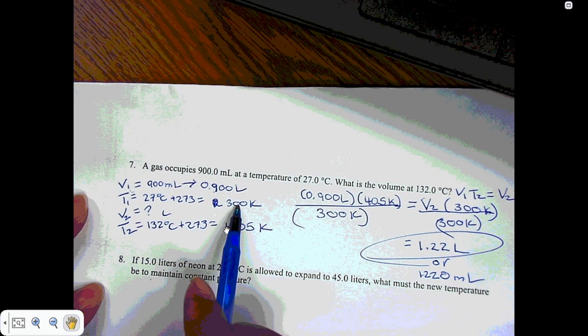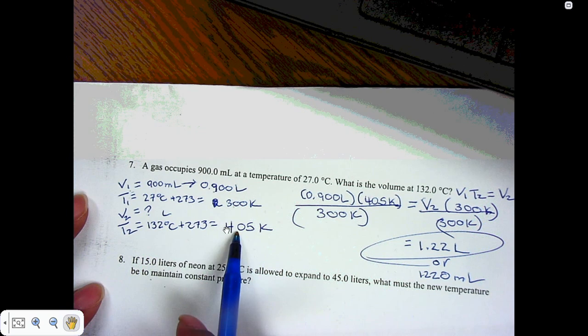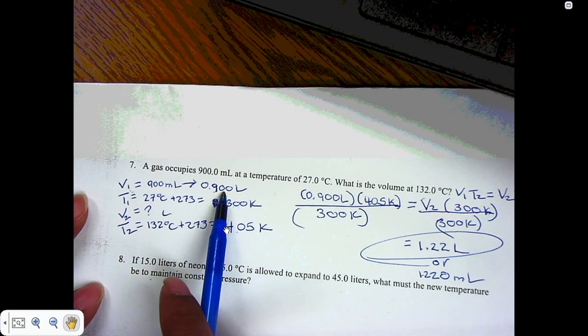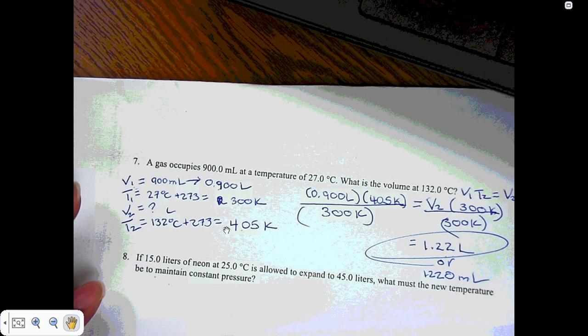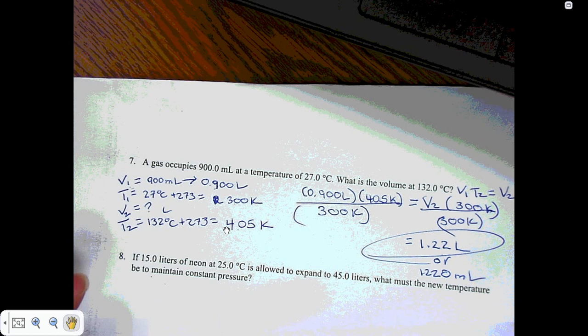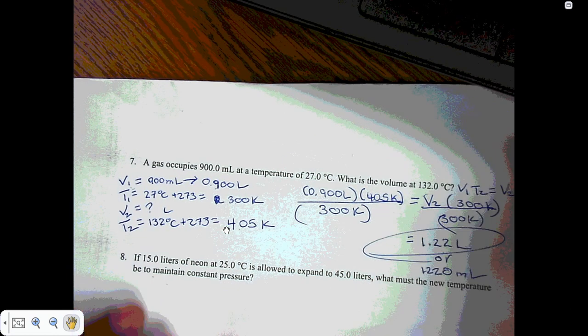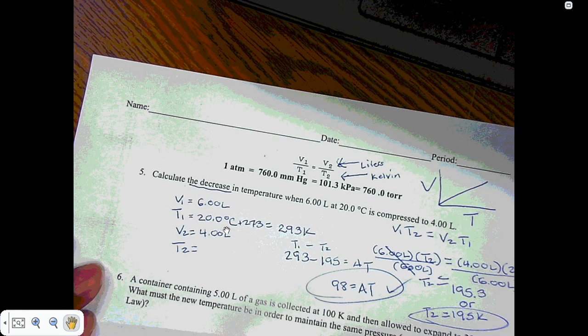The temperature increased from 300 Kelvin to 405. The volume increased from 0.900 liters to 1.22 liters. And there you see how Charles' law does in fact hold up when comparing the two.